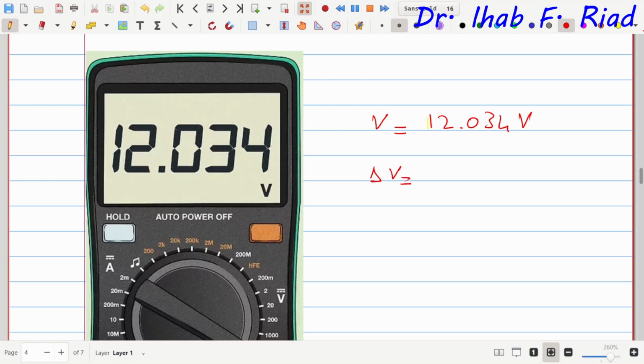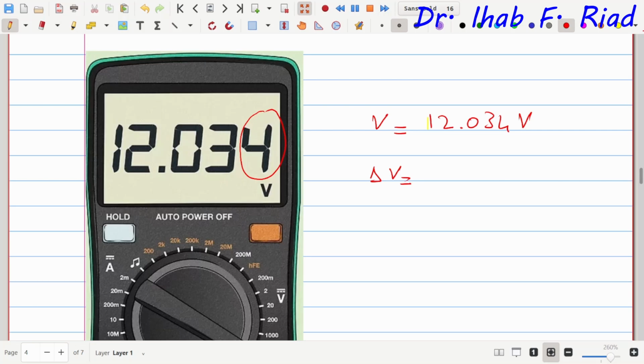What is the uncertainty in this measurement? In the case of a digital scale, the absolute uncertainty is 1 unit of the least significant figure.